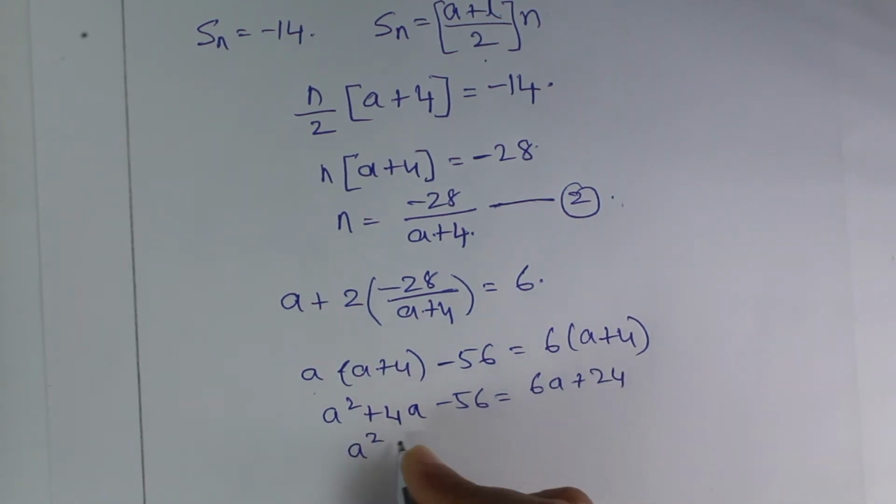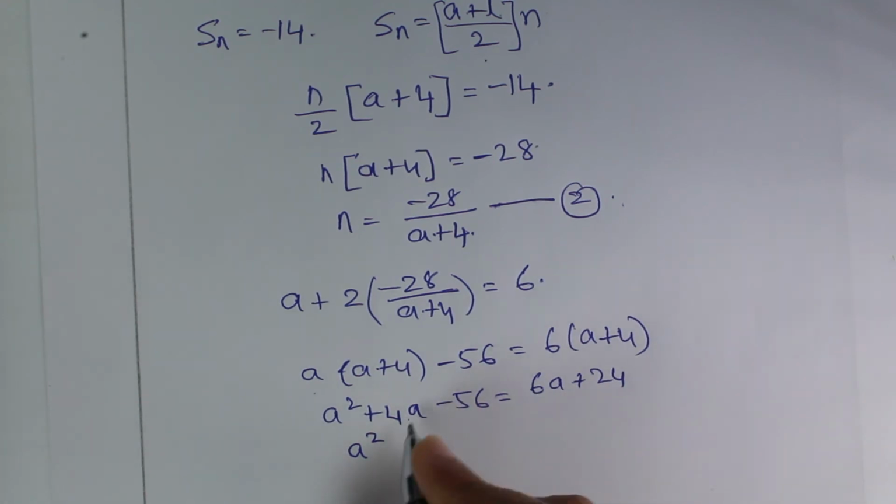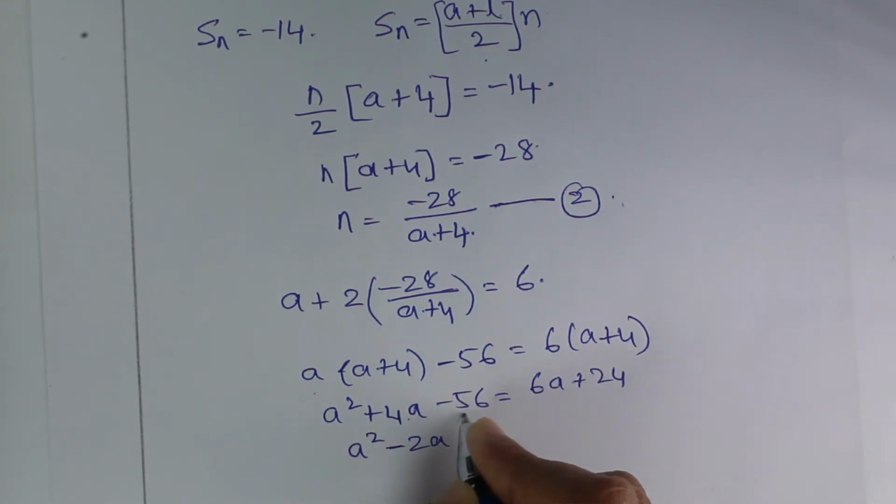So a square plus 4a minus 6a is minus 2a. Minus 56 minus 24 is minus 80, is equal to 0.